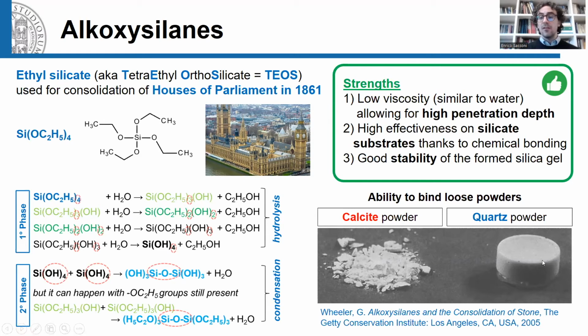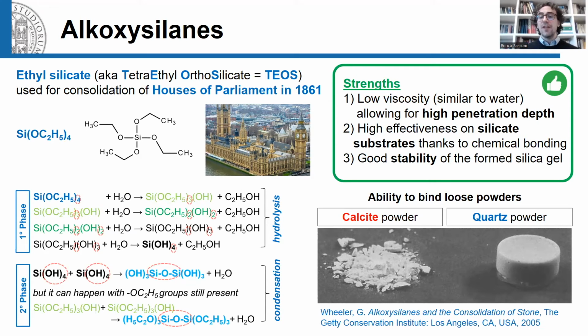You can see here on the right the binding ability of ethyl silicate, which is able to reaggregate quartzitic powder, while this is not the case for calcitic powder, because in this case there are no OH groups on the surface of the mineral calcite that can chemically bond to the consolidant.